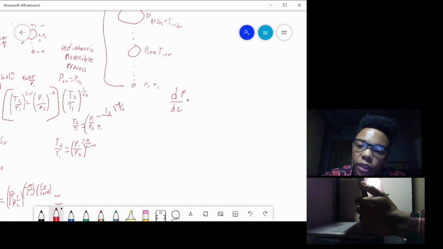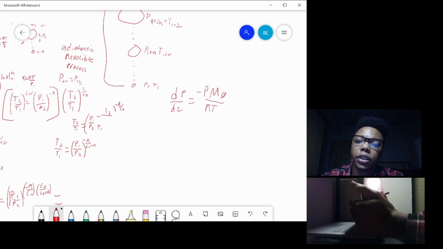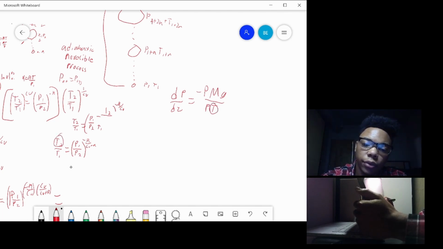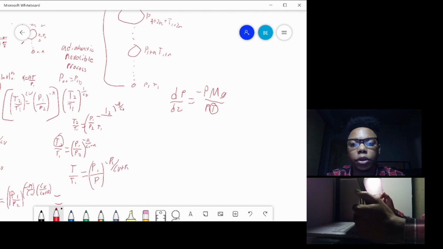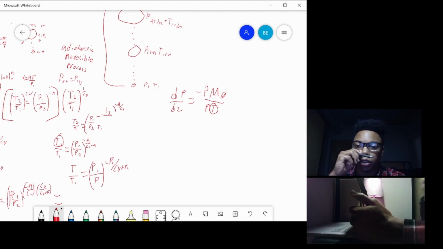dP over dz is going to be equal to the negative pressure times molecular weight times gravity over RT. And what we're going to do with this is understand that this T right here is the same as this T right here, because it really is just T over T1 equal to P1 over P to the negative R over CV plus R, for any temperature and pressure at any position we choose to go to, whether up or down.